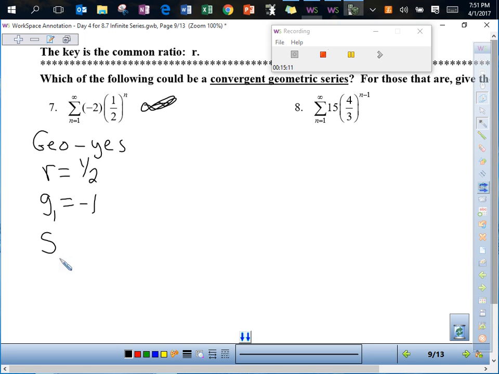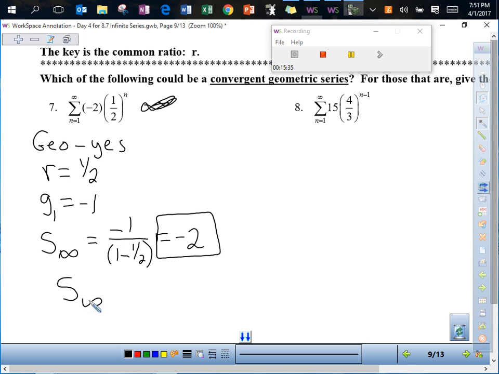So the sum as I go to infinity is going to be -1 over 1 minus 1/2, which is really -1 over 1/2. So that's going to be -2. So as we add those up, the sum as we approach infinity is going to be -2. So it worked on that one.